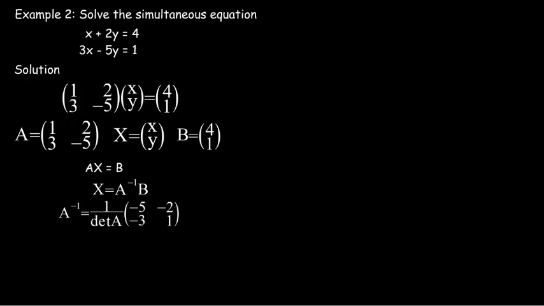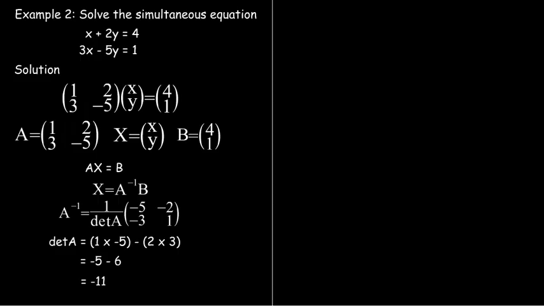A inverse will be equal to 1 divided by the determinant of A, times matrix [-5 -2; -3 1], which is the adjoint. The determinant of A will be equal to 1 times -5 minus (2 times 3), which is equal to -5 - 6, which is equal to -11. So therefore X will be equal to 1 divided by -11 times matrix [-5 -2; -3 1] times matrix [4 1].